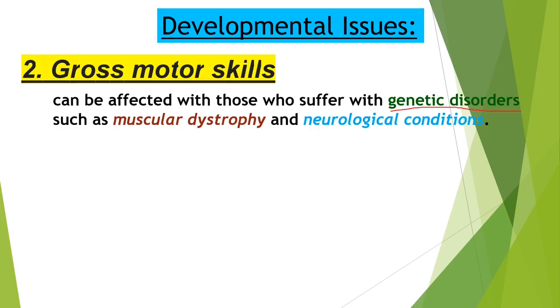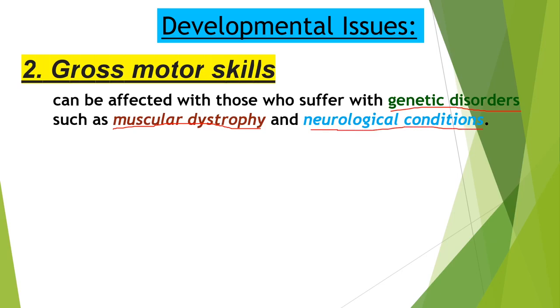Genetic disorders are illnesses caused by changes in a person's DNA. Again, an illness caused by changes in a person's DNA. Examples of that are muscular dystrophy and neurological conditions.